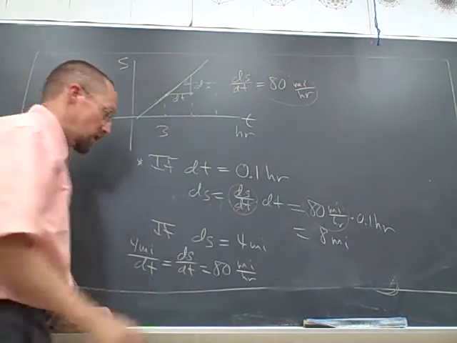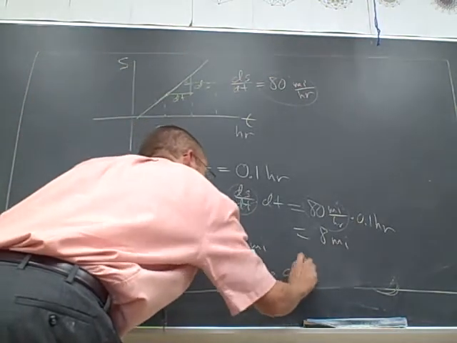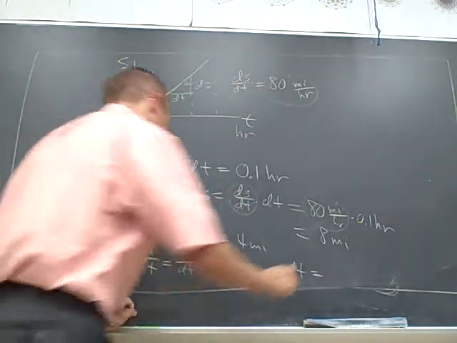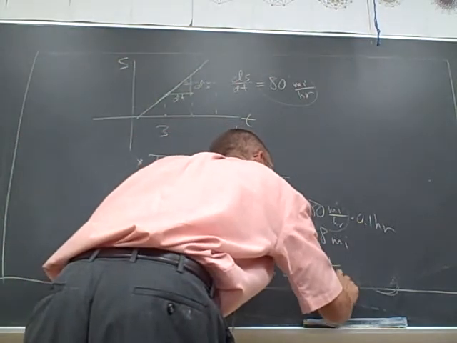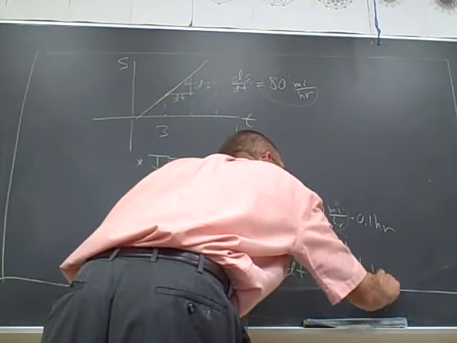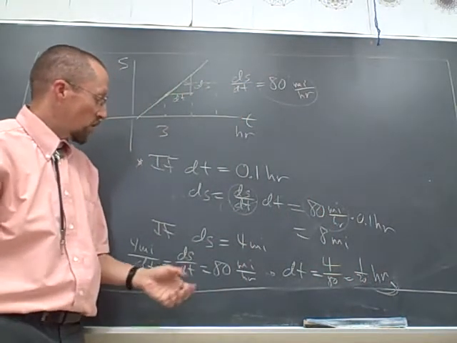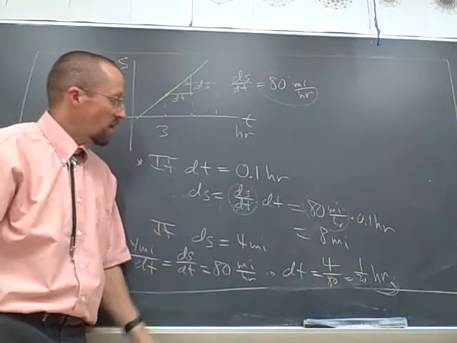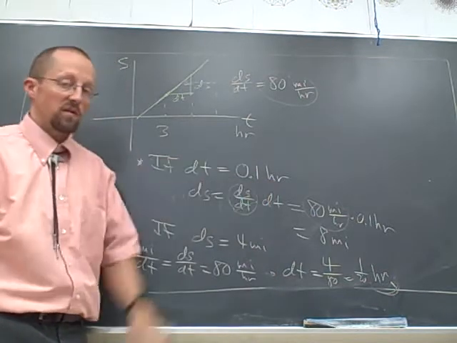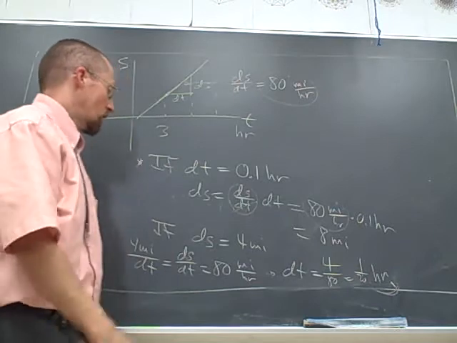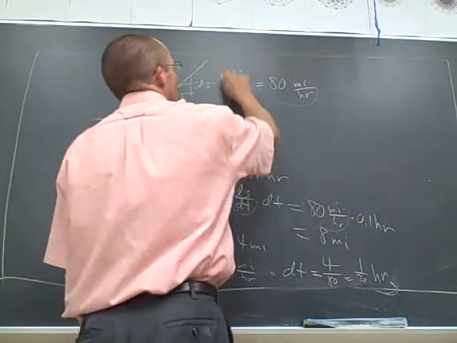And I just solve for dt. dt is going to be 4 over 80, 1/20th of an hour, or 3 minutes. It's going to take him 3 minutes, by my prediction, to go the 4 miles. Not surprisingly, that's half of the 6 minutes up here. So it all ends up being very nice.